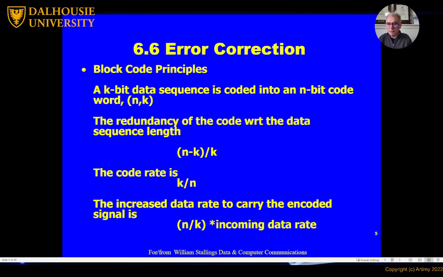And if we call the new 7-bit word n, and the original number of bits is 6, so n is the 7 bits, the new one, and 6 is k, the original.